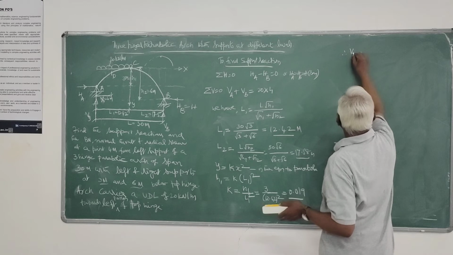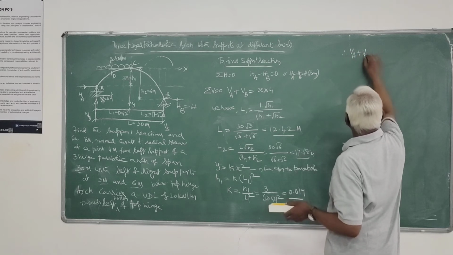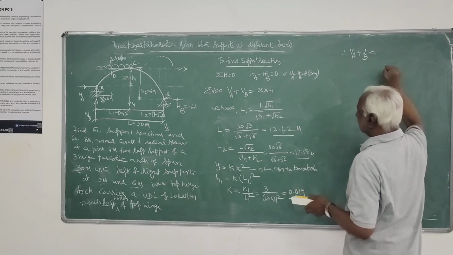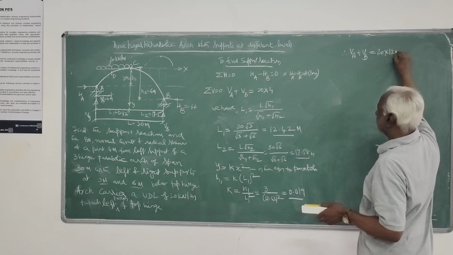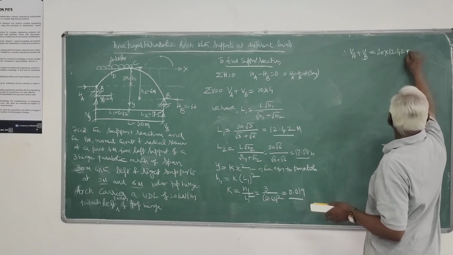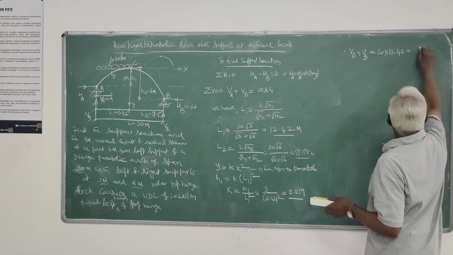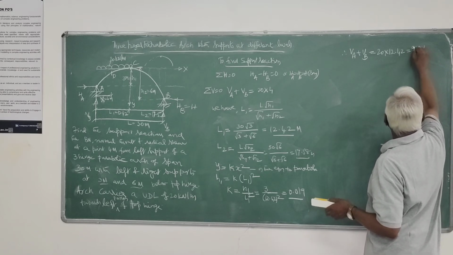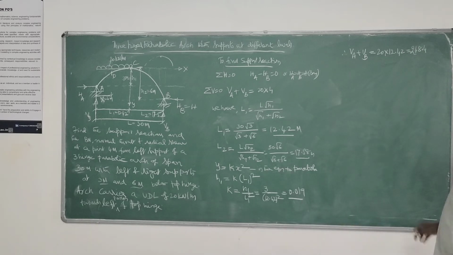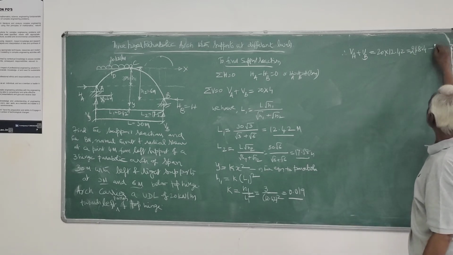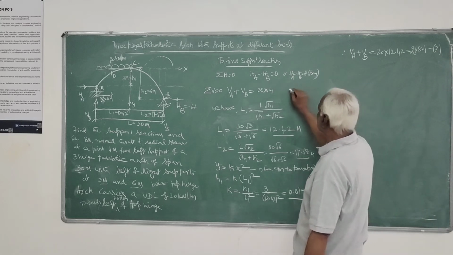Therefore VA plus VB is equal to 20 into L1, 12.42, that is equal to 248.4. That is the second equation.